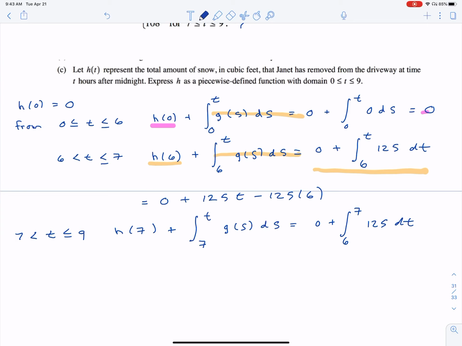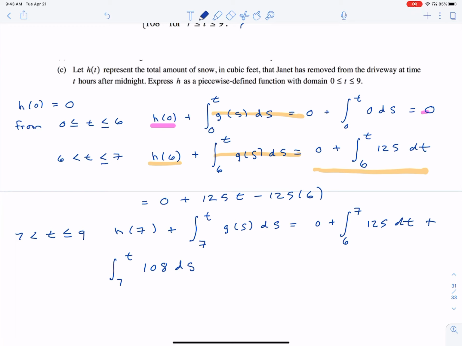I'm then going to add to that the displacement, this is kind of messy, from 7 to t of g of s, which is actually, let's put in the number. g of s, what is it? I think it's 108. 108 ds.